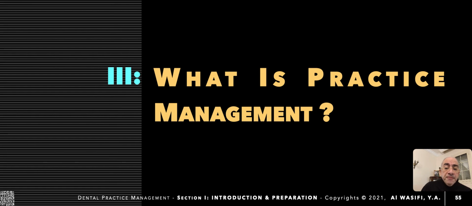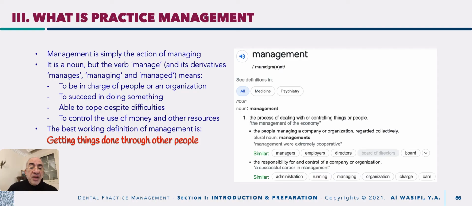First of all, let us define management. Management could be defined as being in charge of people or an organization, succeeding in doing something, being able to cope despite difficulties, or controlling the use of money and other resources. All of these definitions are right.